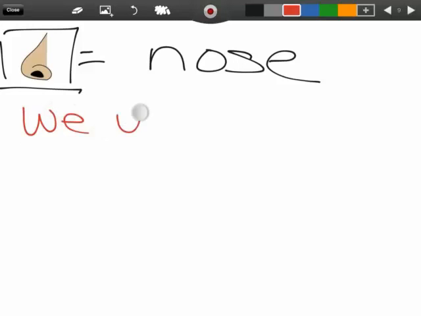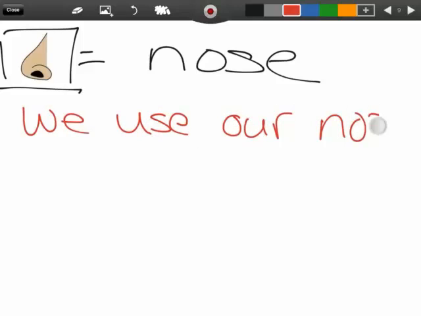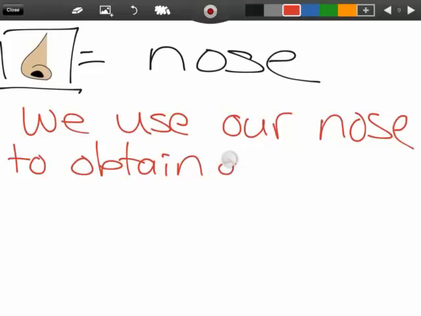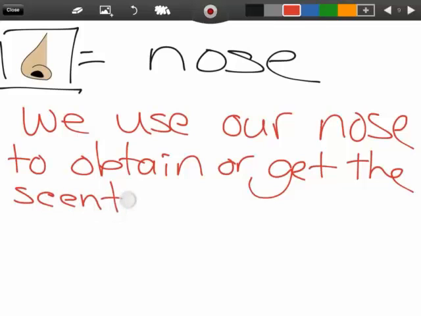Well, we use our nose to obtain or get the scent or smell around us.